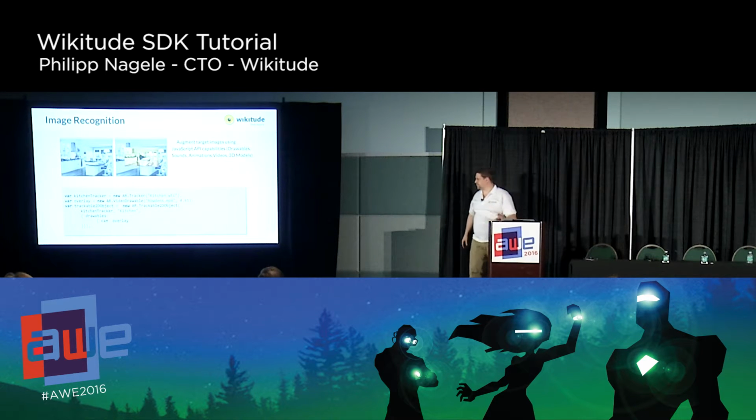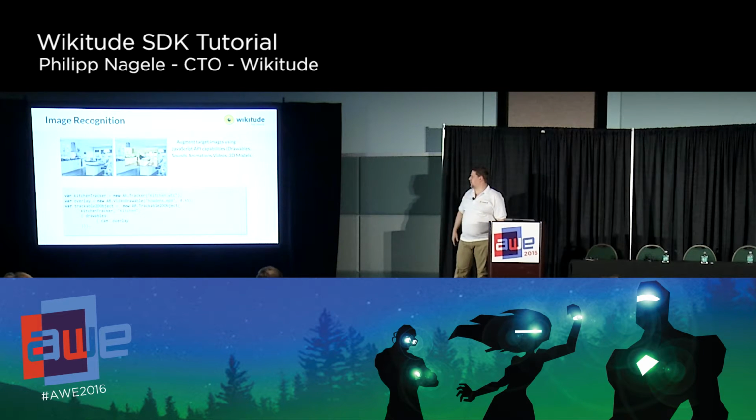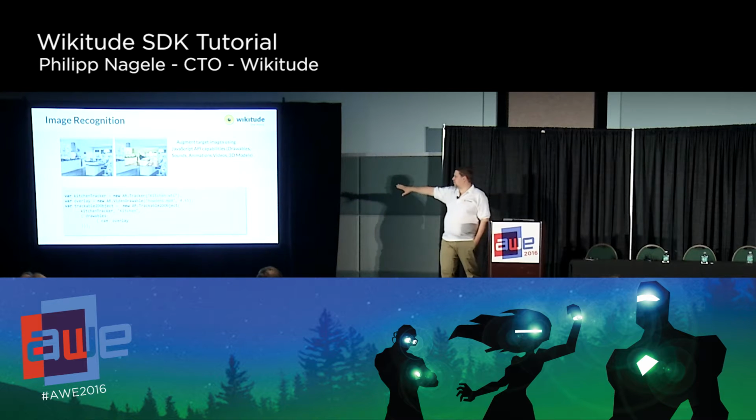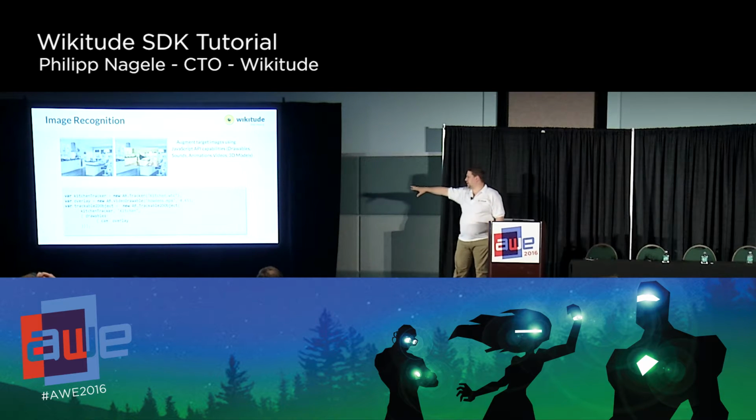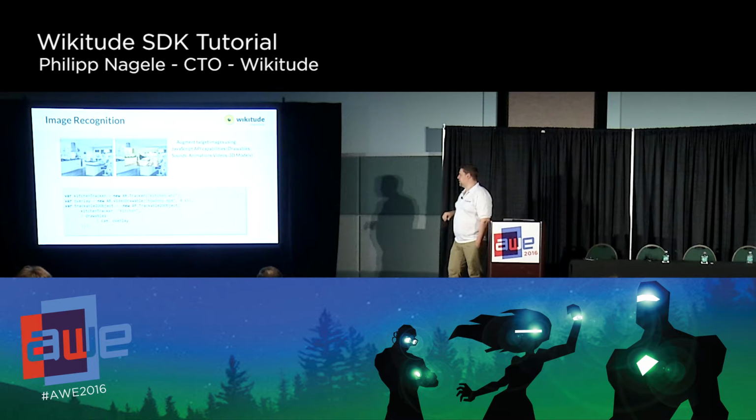This is a simple image recognition use case. What we want to do is augment this kitchen catalog page with a video. What you would define is a tracker with a Wikitude tracker file. You define an overlay, a video drawable from the AR namespace, that just loads an MP4 that you have locally and resizes it to 65%.